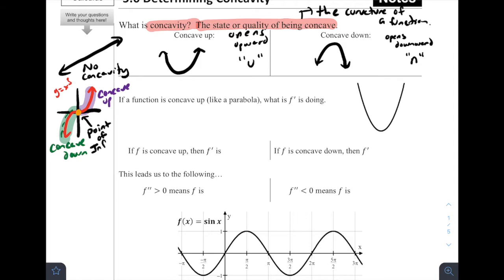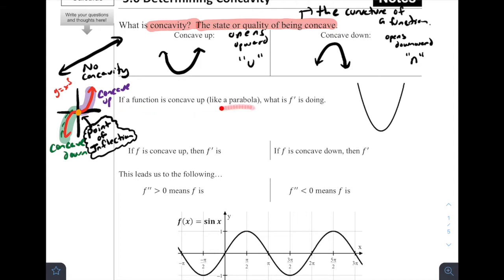In general, any spot on a graph where the concavity changes from up to down or down to up is what we refer to as a point of inflection. We'll talk more about how to find those and why they're useful, but in general, a place where concavity changes is a point of inflection.